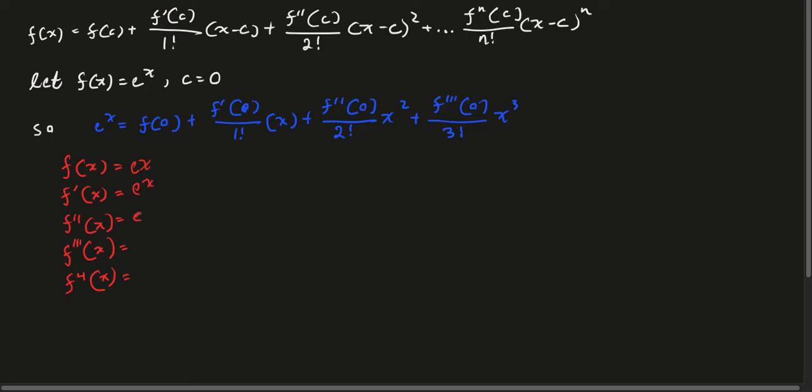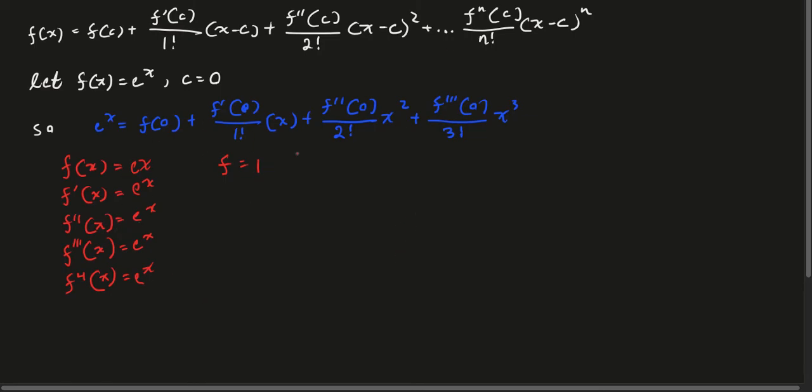So all of this is e to the x, because the derivative of e to the x is still e to the x. And so all of these are going to equal 1, because as we replace the x or the c with 0, we can see that they're all going to be equal to 1.